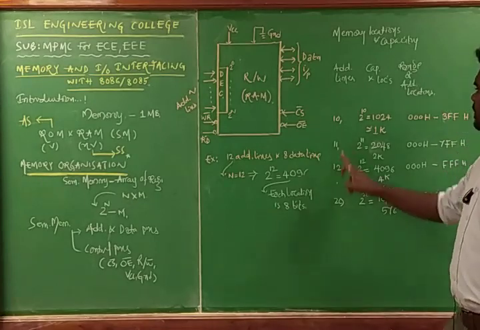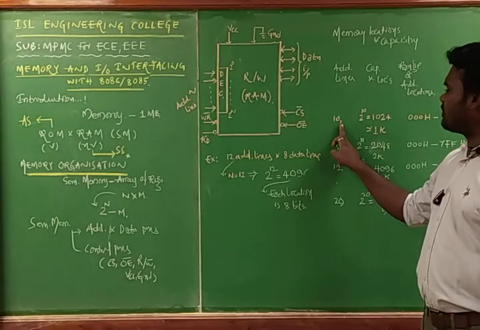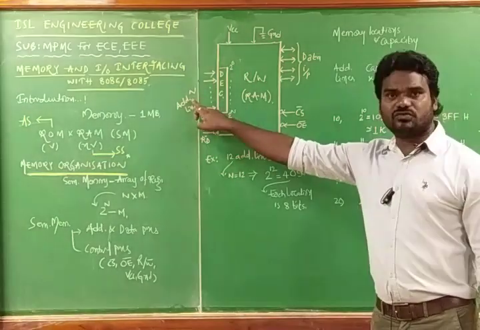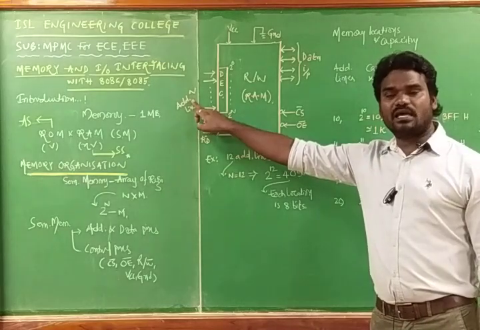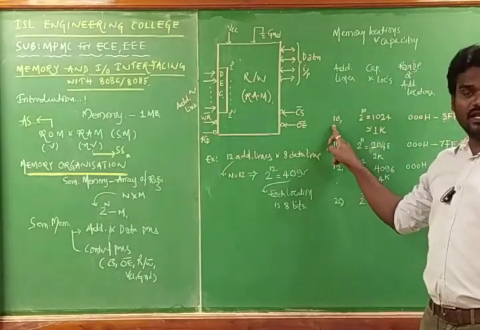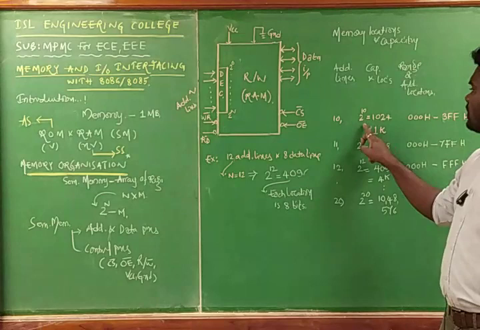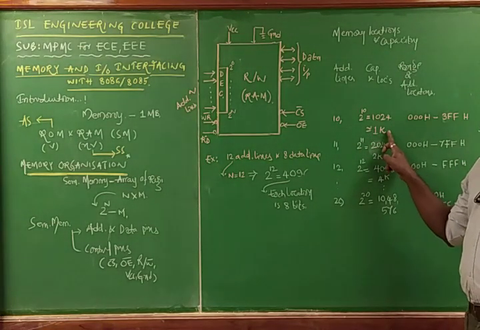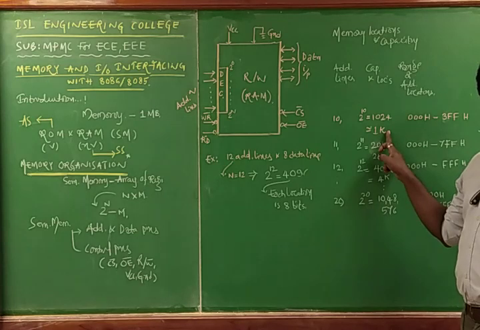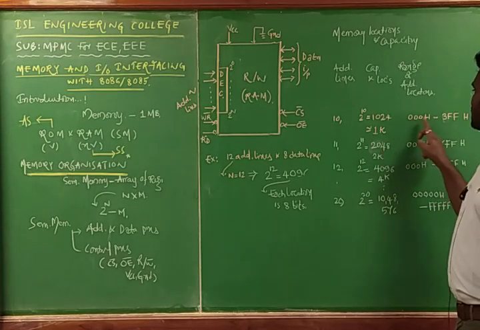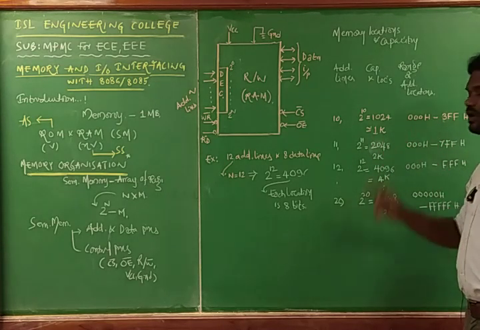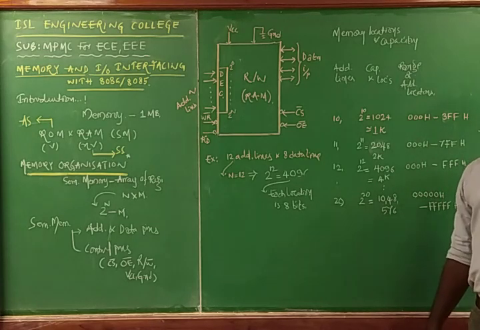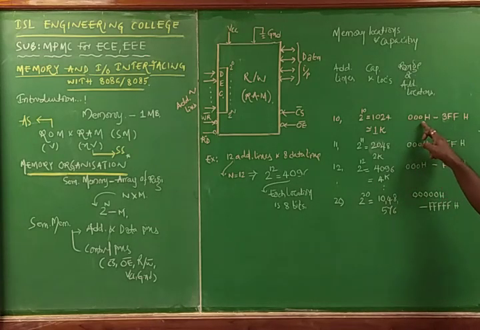For example, the number of address lines is 10, so n is equal to 10. 2 power of 10 is equal to 1024, which is approximately 1 kilo, and this 1 kilo will be addressed from 000H to 3FFH.